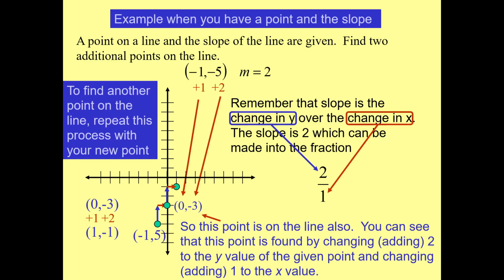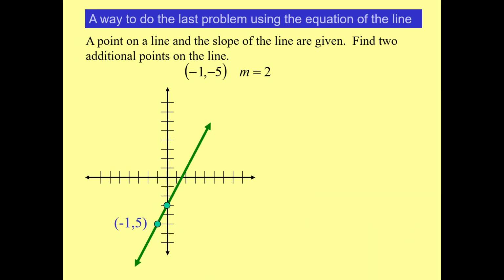You can see the change in y increasing by 2 units, and change in x is increasing by 1 unit. 1, -1. So now you have 3 points. You have 3 points on the line. Graph the line.